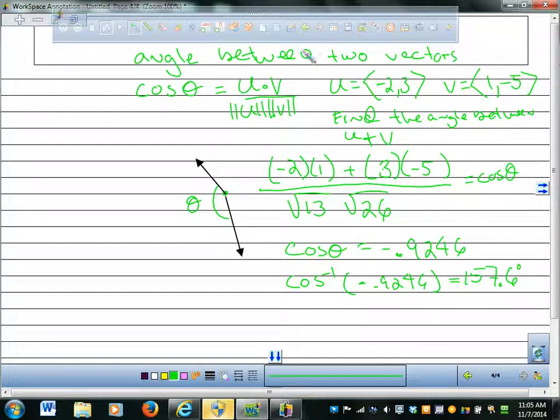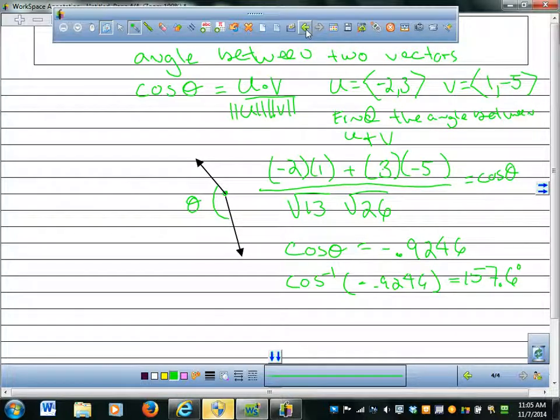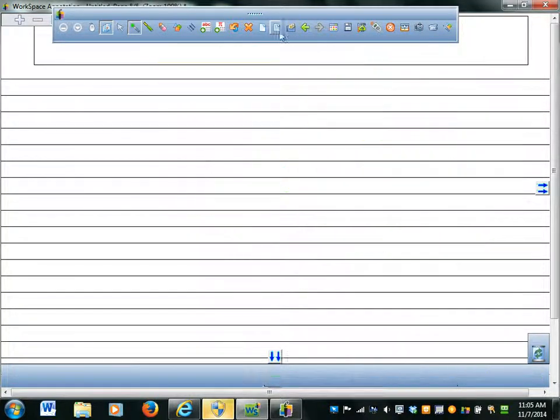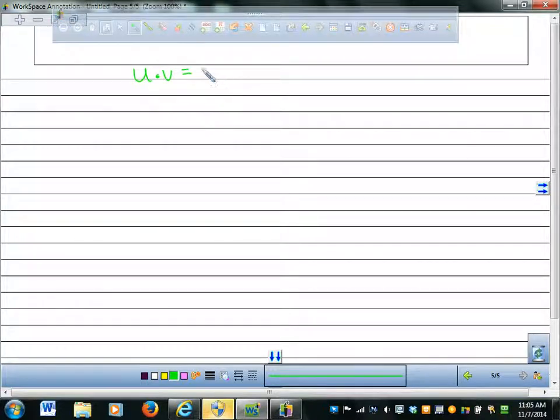Almost done. Next thing. New page. If I multiplied through, I would get u dot v equals the magnitude of u times the magnitude of v times cosine theta. That's the same formula, if I cross multiplied, right? Okay?